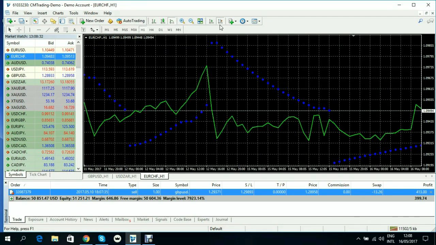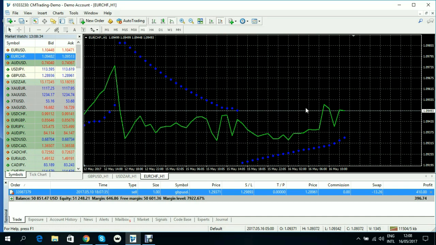If we go to 1 hour, each dot here represents an hour. Every 1 hour a new dot will appear. This dot appeared about 8 minutes ago.